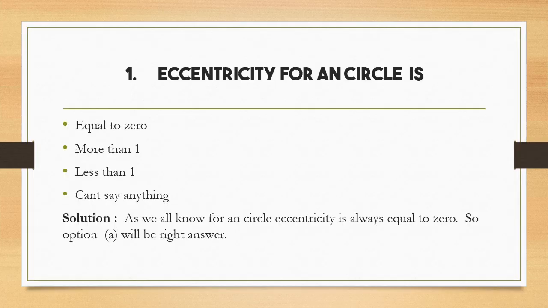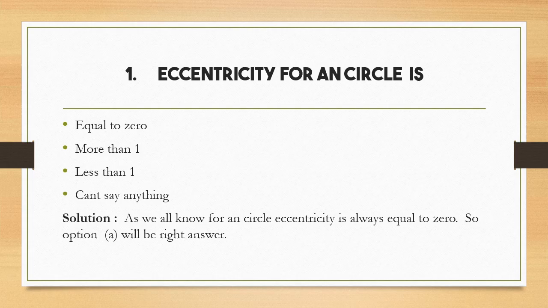The very first question of this series is given like this. The eccentricity for a circle is, four options are given: equal to 0, more than 1, less than 1, can't say anything. See, what is eccentricity? We should have a clear-cut idea. We all know eccentricity gives an idea of how uncircular the curve is.